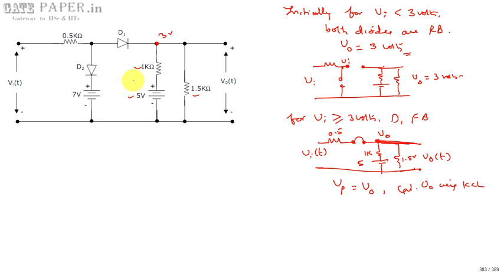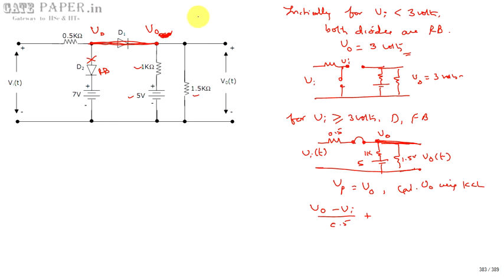So apply KCL at this point. This is going to act as a short circuit, so this will become V0, and this is also V0. Now it will be no more 3 volts. Apply KCL at V0: (V0 minus Vi) divided by 0.5, plus... D2 is going to act as reverse biased, so this branch will not be considered.